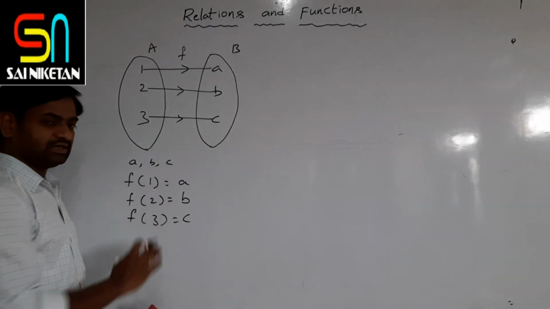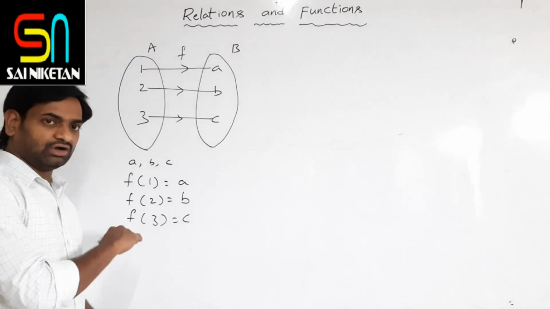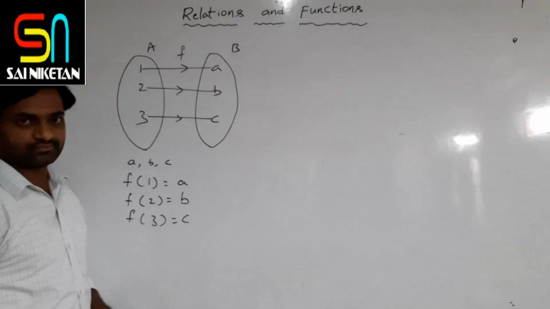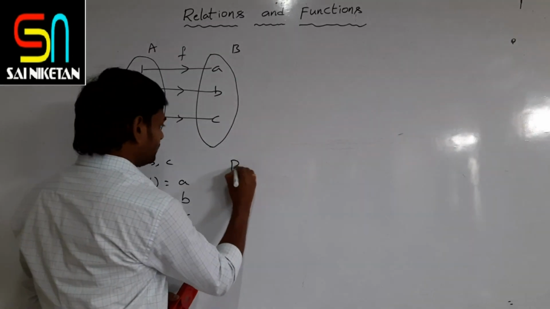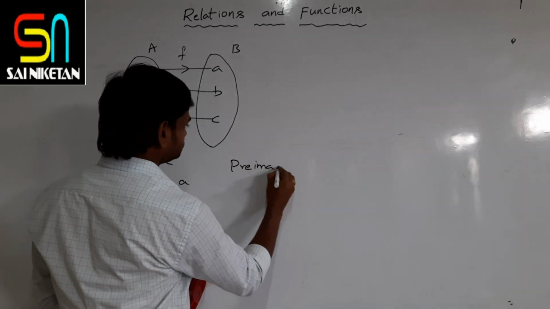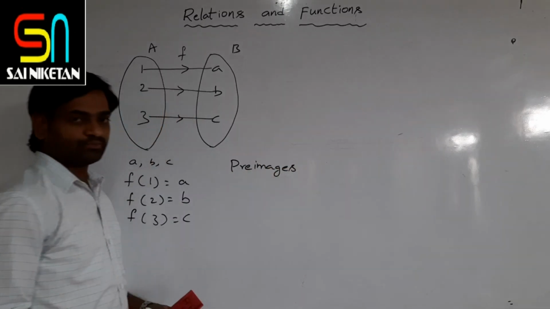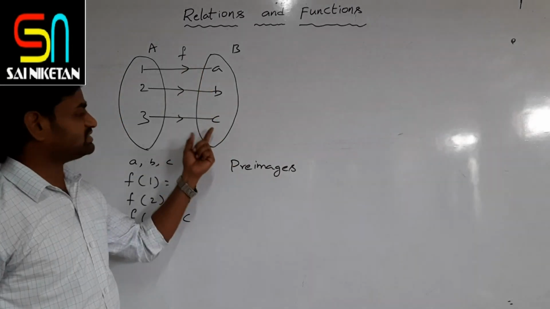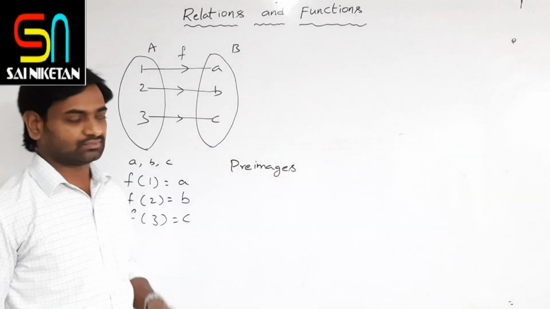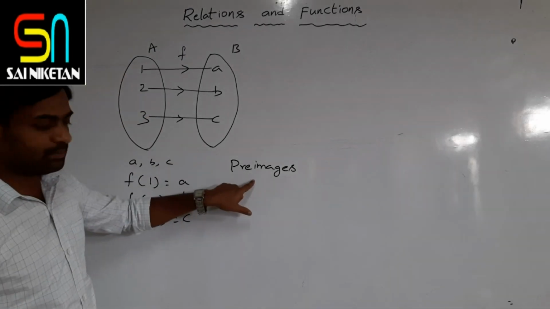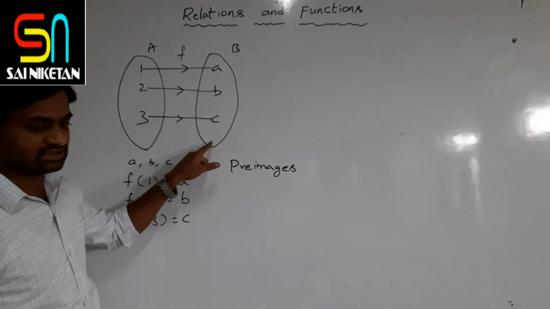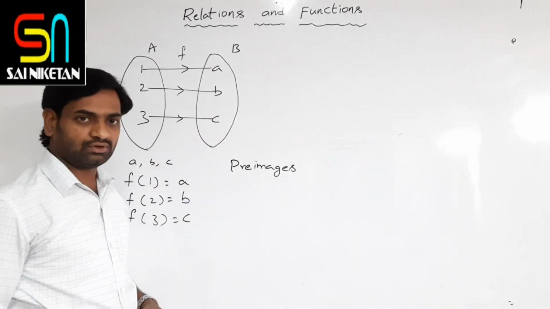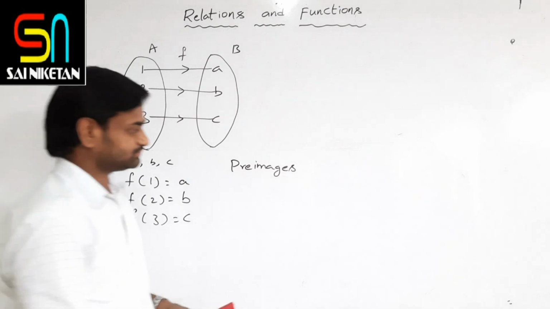So a, b, c are the images of 1, 2, 3. Clear this one. Now what can we say about 1, 2, 3? These 1, 2, 3 are the pre-images of a, b, c respectively. 1, 2, 3 are called pre-images of a, b, c, and a, b, c are called images of 1, 2, 3.